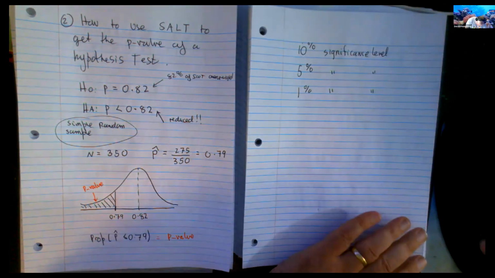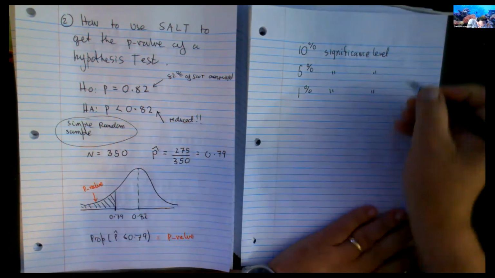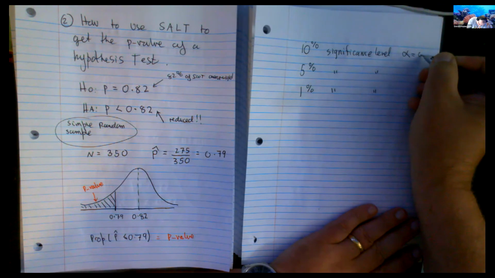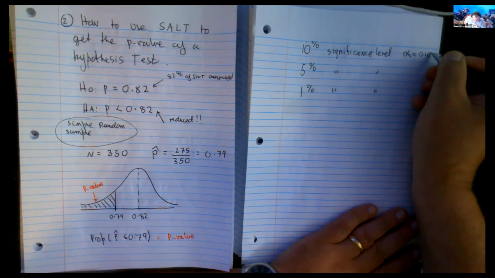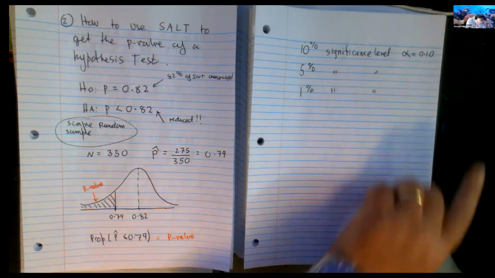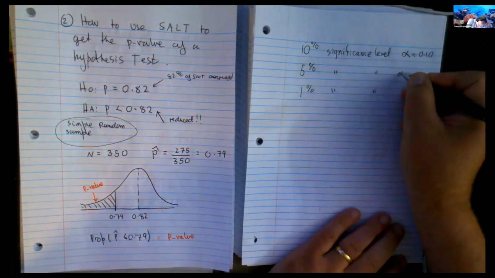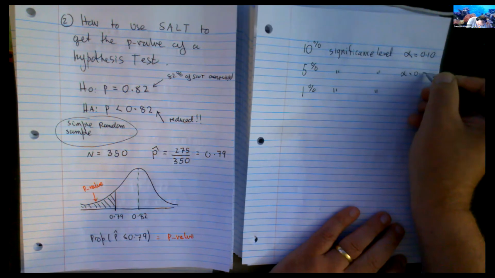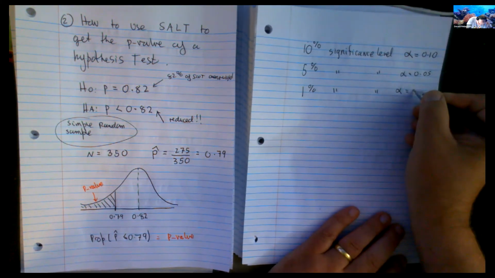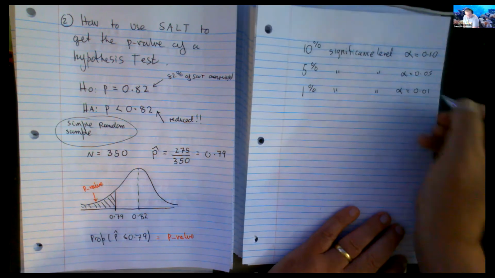And we use a Greek letter of the alphabet. We call this guy alpha. And we almost always write it down as its decimal value. So we would say a significance level alpha of 0.1, a significance level alpha of 0.05, or a significance level alpha of 0.01.